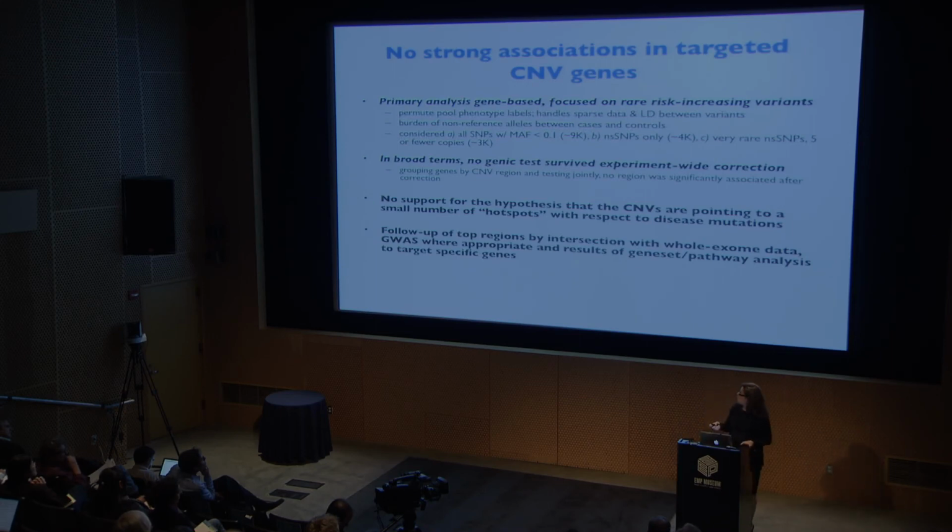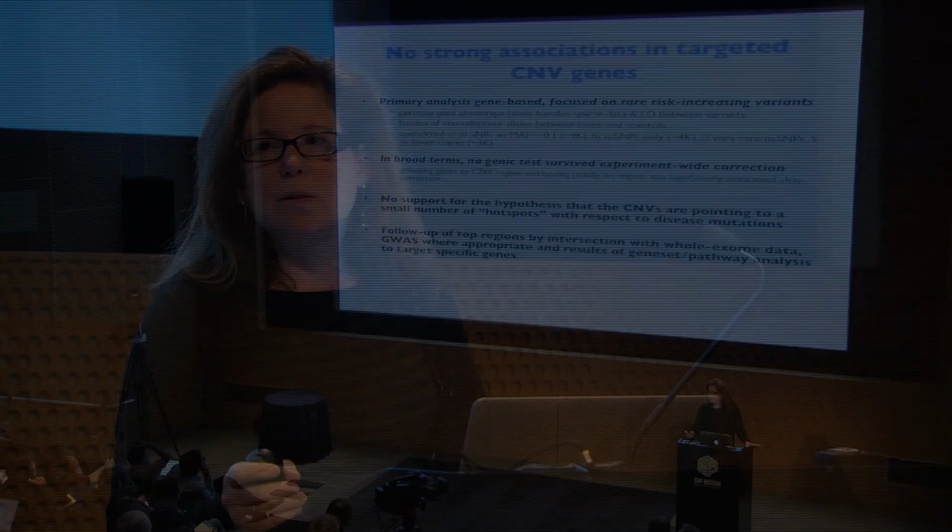And in broad terms, what we were unfortunately unable to find was any evidence that there were single genes, either for the singletons, that showed a pileup of mutations or amino acid changes. So what we're not able to provide is any support for the hypothesis that the CNVs per se are pointing to a small number of hotspots, or the large CNVs in particular, pointing to a small number of hotspots within them.